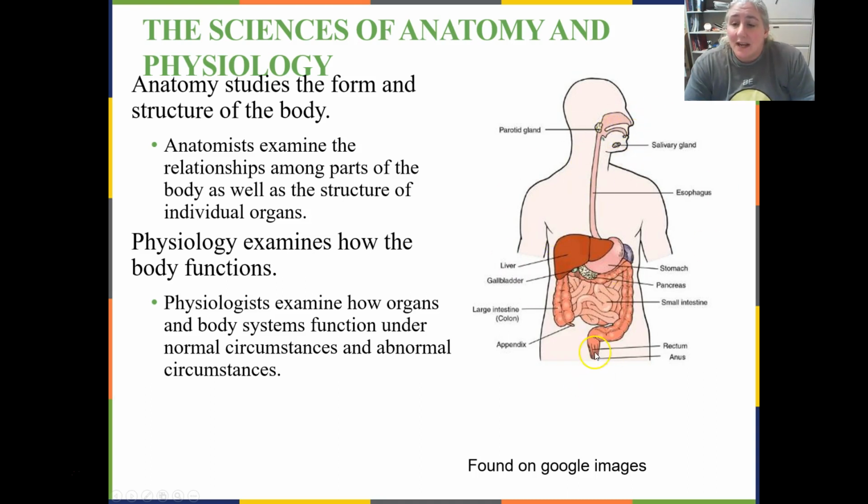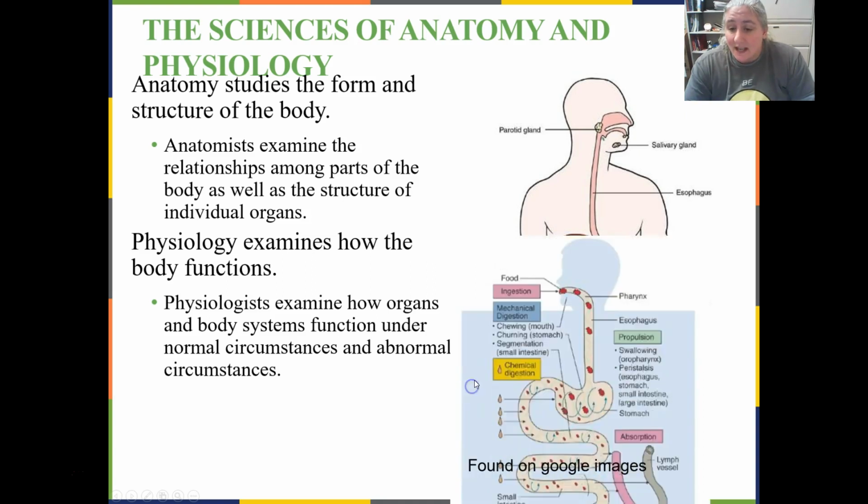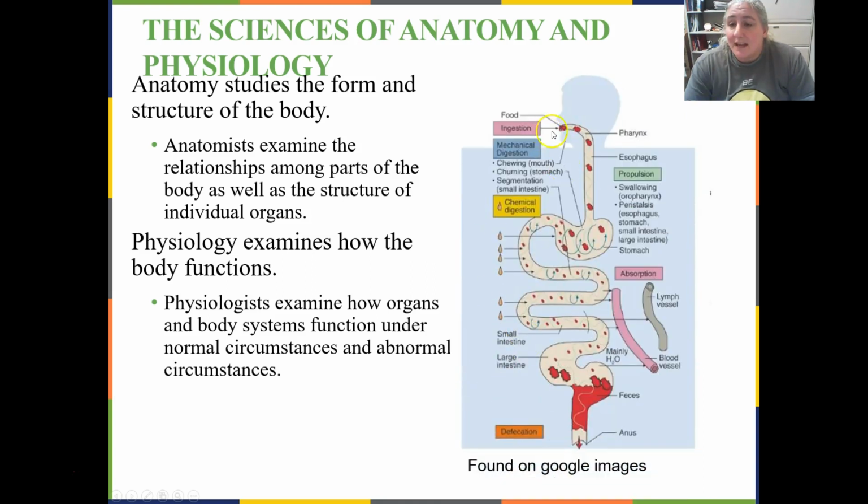And if you're studying anatomy, you might be looking at all of these structures, what they're composed of, how they fit together. If you're a physiologist, then you might be looking at this entire structure differently. Instead of seeing the mouth, you might see digestion occurring in the mouth. You might see peristaltic waves moving materials down.